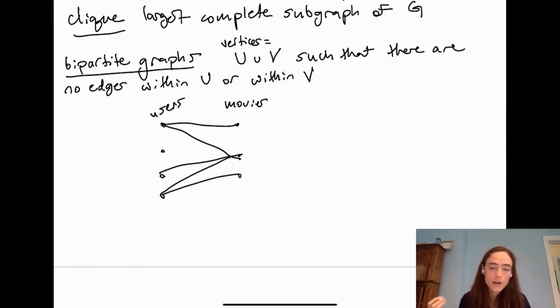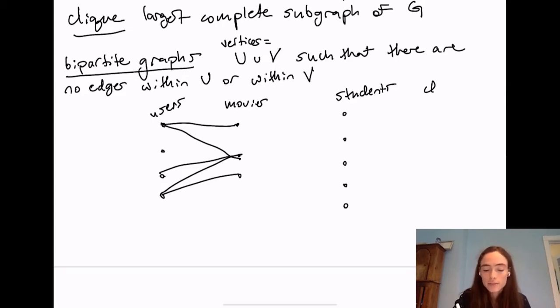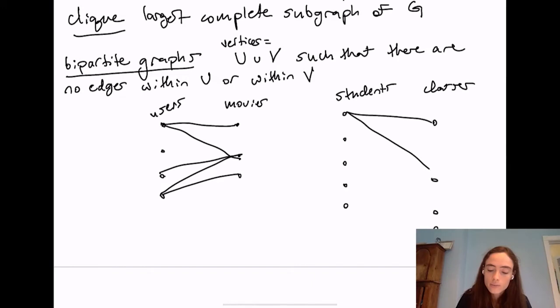Another example would be if a school was making a graph of students and which classes they were taking. Because again, there won't be edges between students or between classes, only from students to classes.